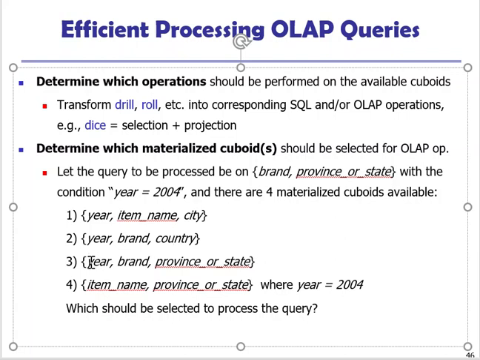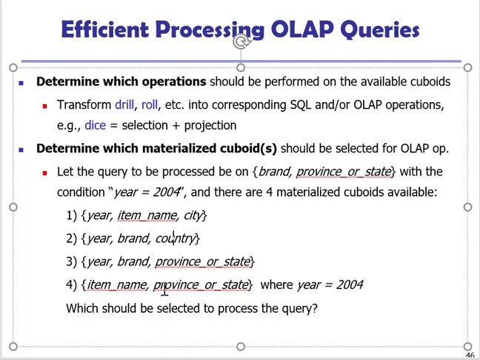For the third, we only need a slice to find year 2004. Brand and province are already given. So if we use cuboid 3, we only need to do a slice, year equals 2004, to find the answer to the query. If we use cuboid 4, the year 2004 is already selected for us.